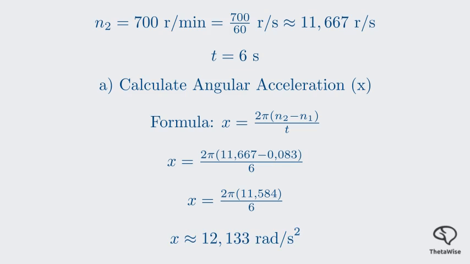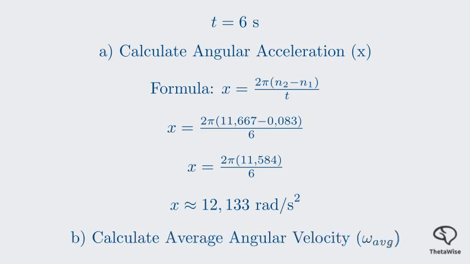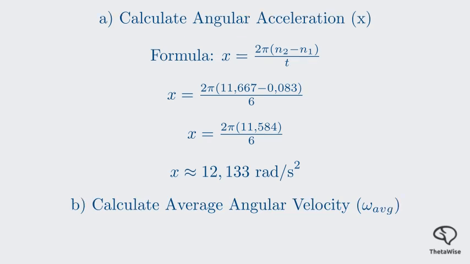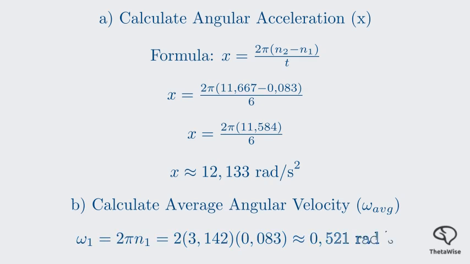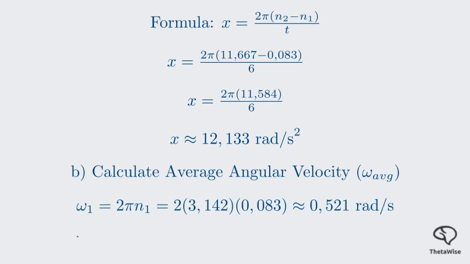Next, part B, the average angular velocity. We need to find omega average. Again, we'll first find the initial and final angular velocities, omega 1 and omega 2. Omega 1 is 2 pi times n1. That's 2 times pi times 0.083, which is 0.521 radians per second. Omega 2 is 2 pi times n2.